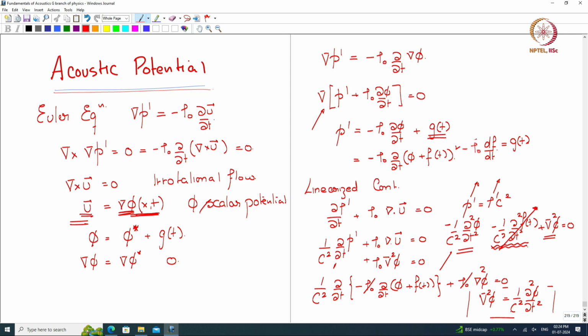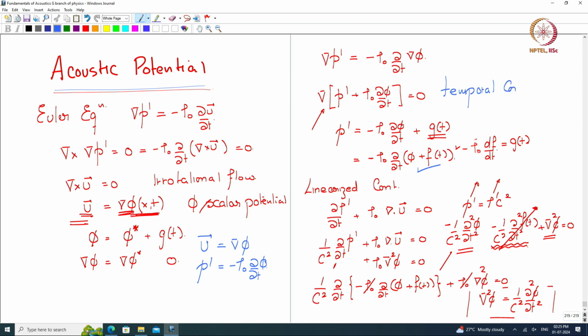Then the velocity is a gradient of phi, plus from here p dash is equal to minus rho 0 del phi by del t. There is always a confusion with the temporal constant that comes from this integral.